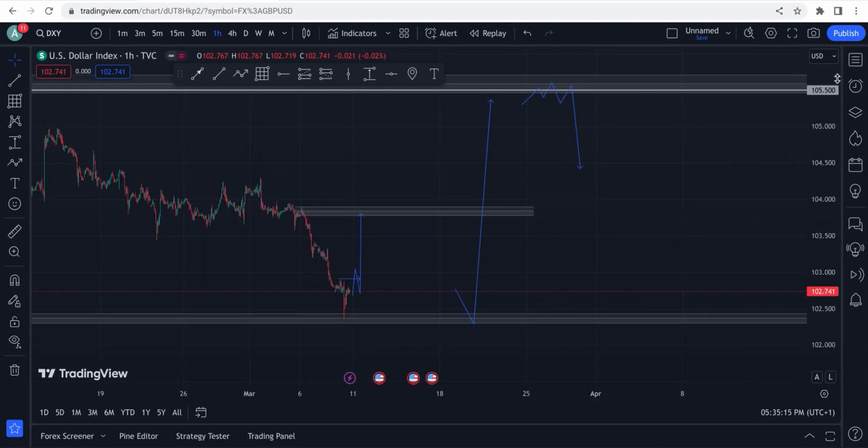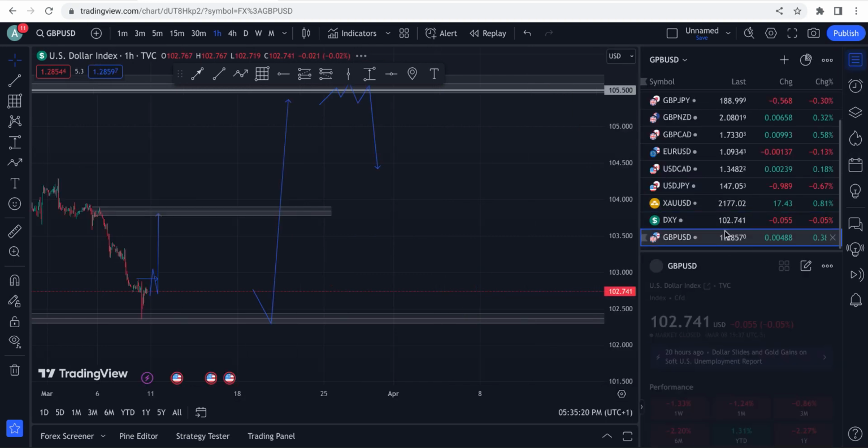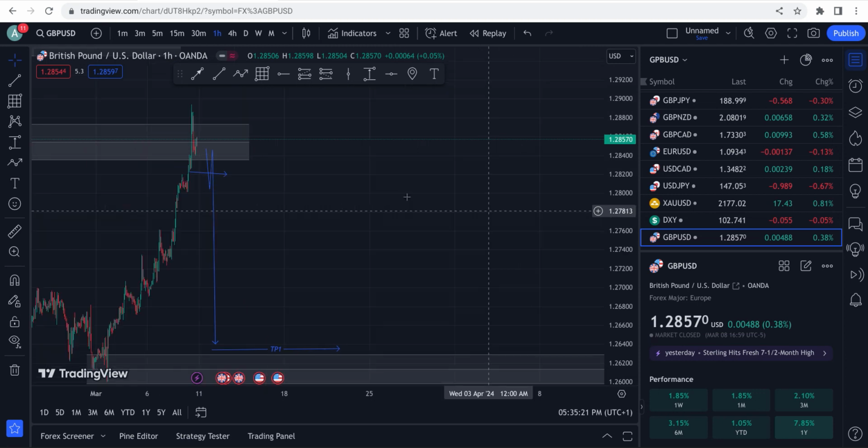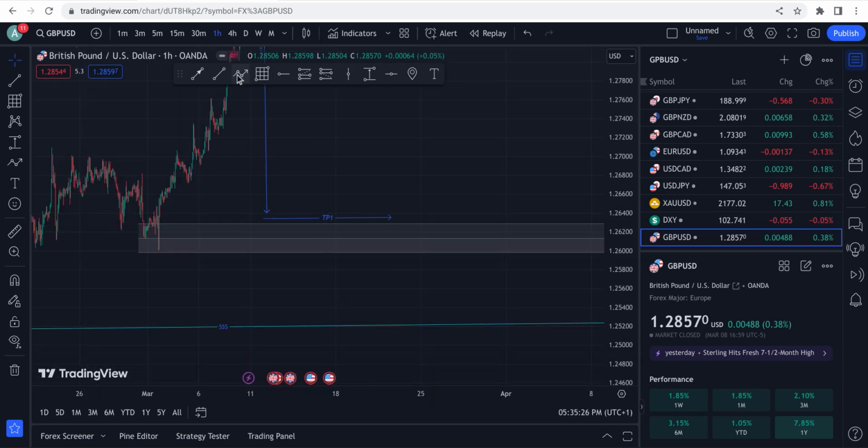So on DXY, but on GBPUSD, I'm expecting a sell from here to here, and then if price reacts from this place, it gives me a bearish signal.